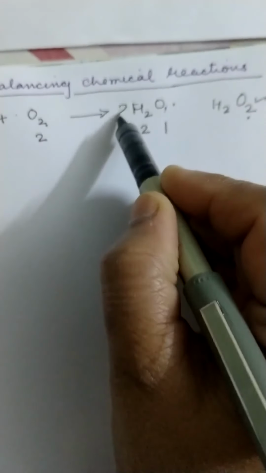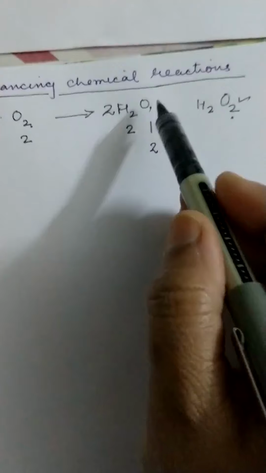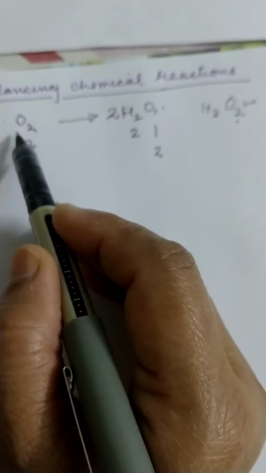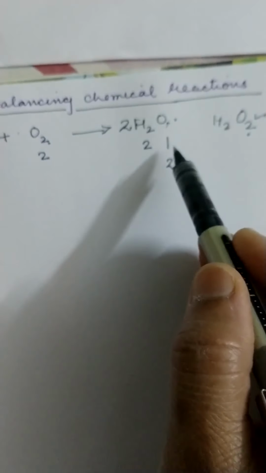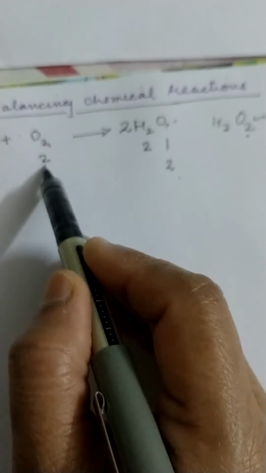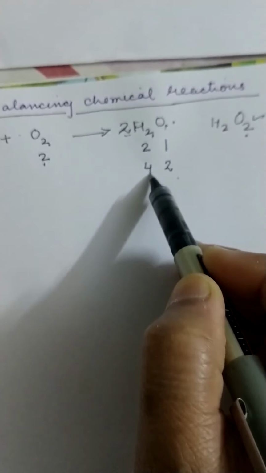We will write a coefficient, right? To make it 2, I will write 2 here. While doing so, oxygen becomes 2. Now this oxygen and this oxygen are the same, so atoms of oxygen on both sides become 2. But while doing so, hydrogen becomes 2 into 2, 4, right?